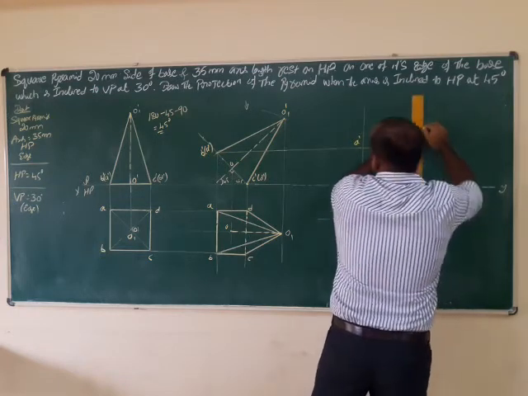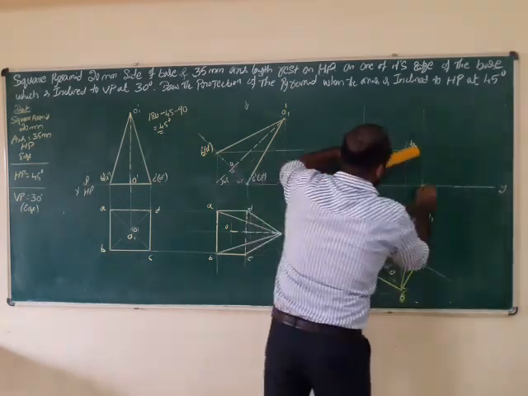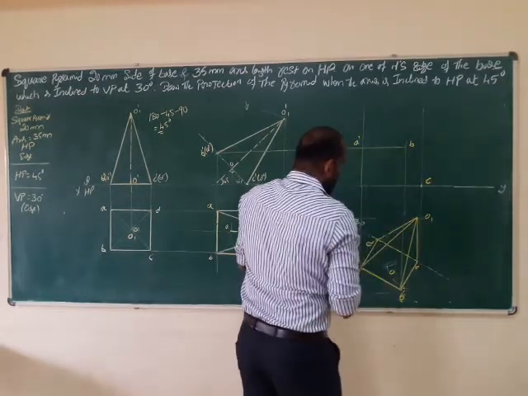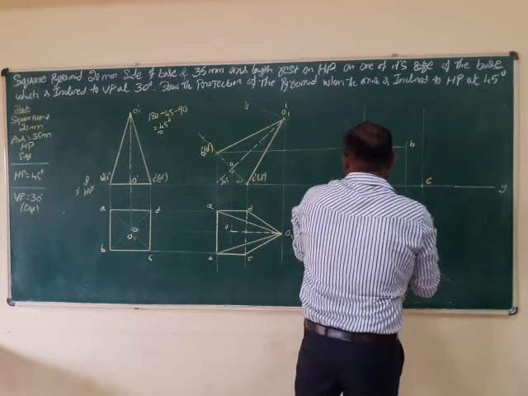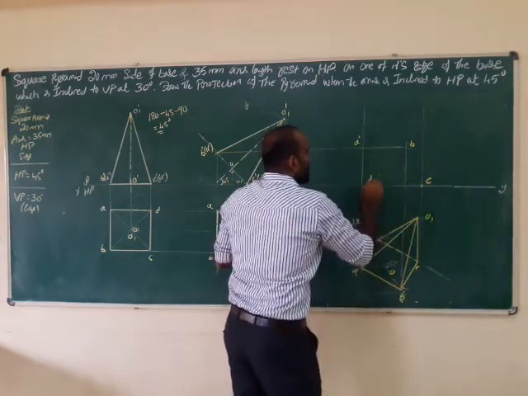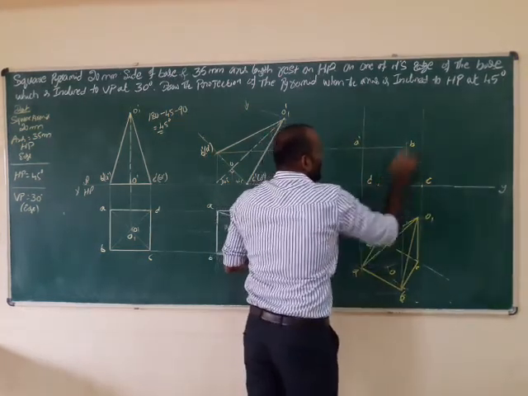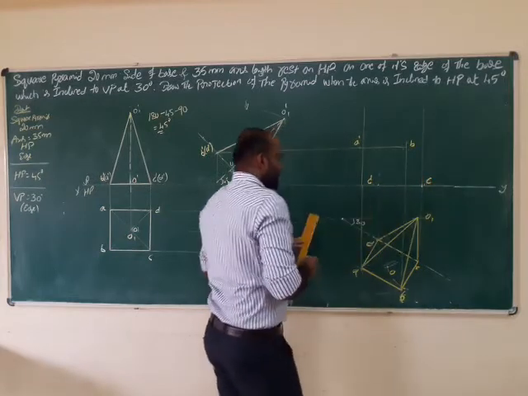Project C point. Project D point. That point is called D. A, B, C, D.